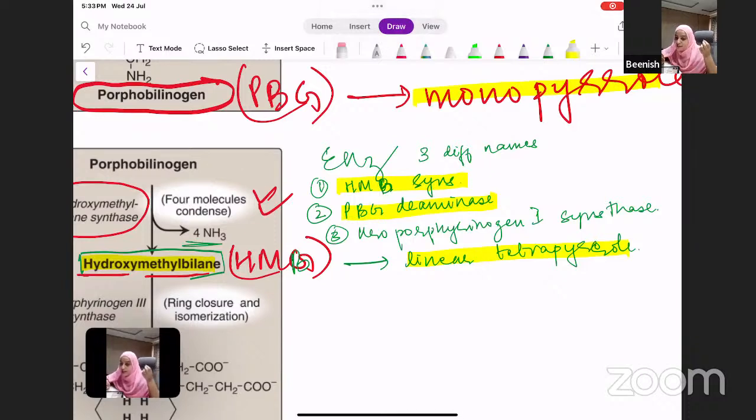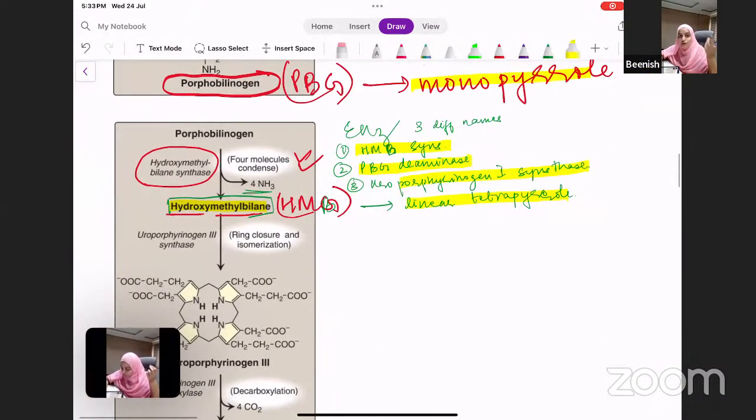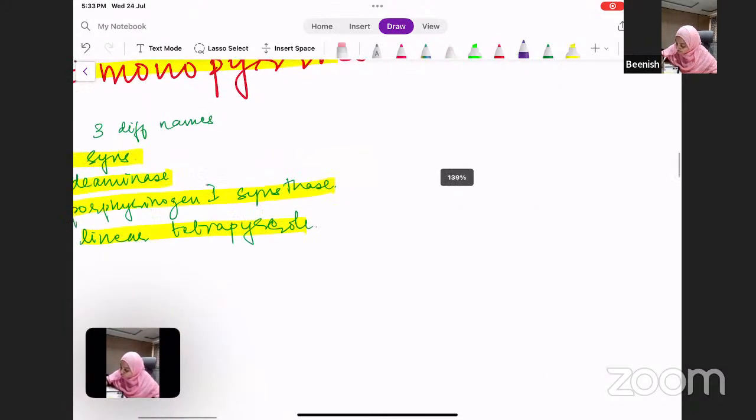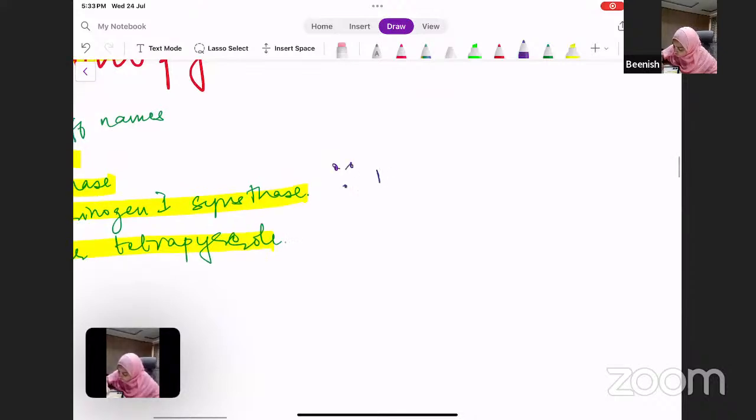Now you might be thinking, why is it known as uroporphyrinogen 1 synthase? Because, as I mentioned, type 1 is not usually formed in the body. I'll tell you why. This HMB, your hydroxymethyl bilane, has two fates.